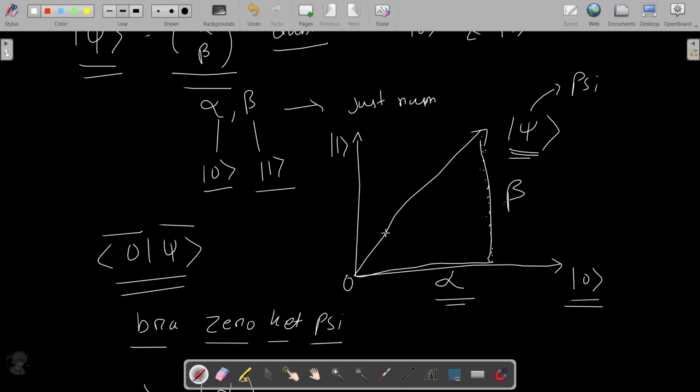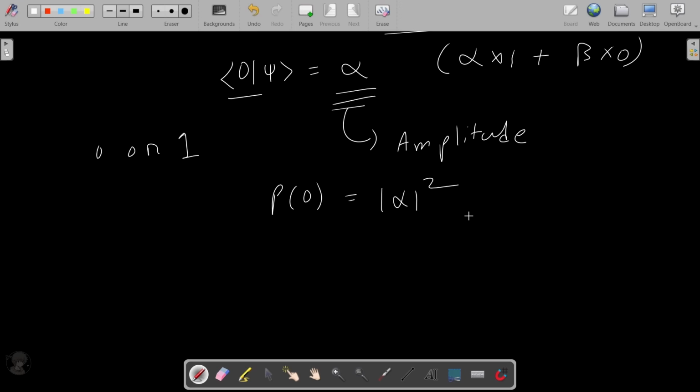So here you can visualize it like this. Probability is just the square of the horizontal length. This is why we project. So we square the magnitude, that gives the probability.